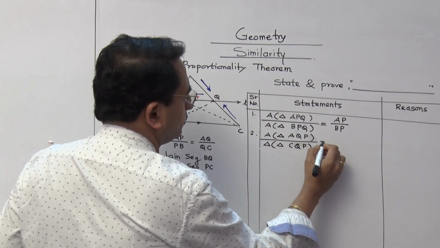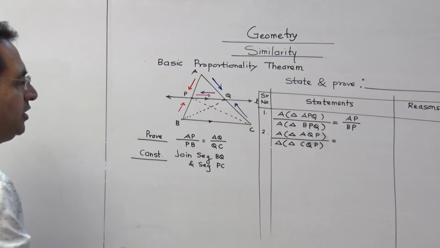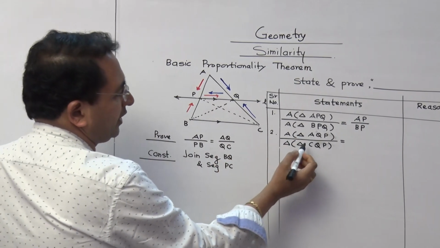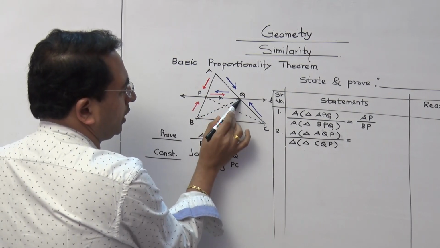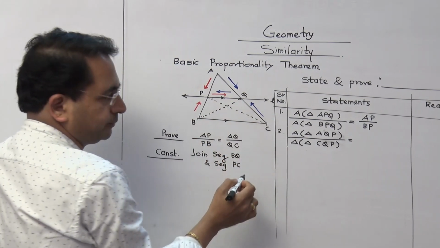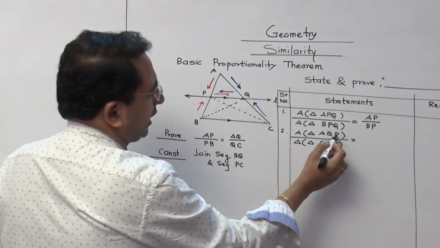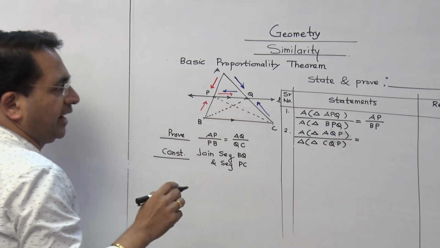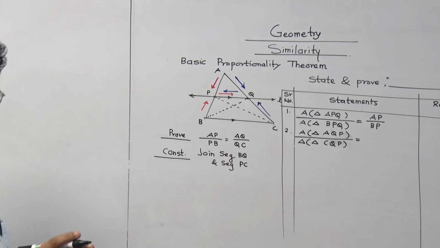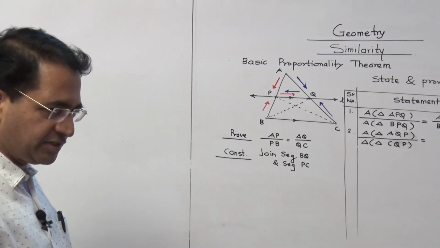That is equal to. Now tell me, these two triangles have the first two letters, that is AQ and CQ, along the same line, and then finally you are approaching the same point P here. That means the triangles have the same base and equal heights.